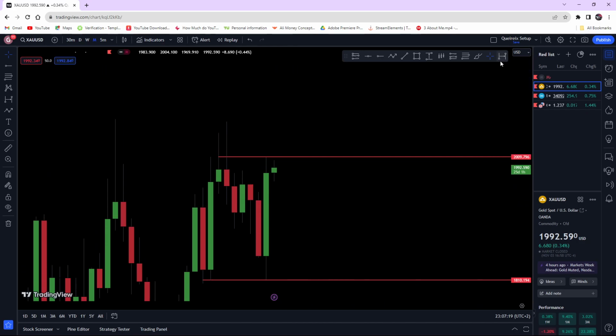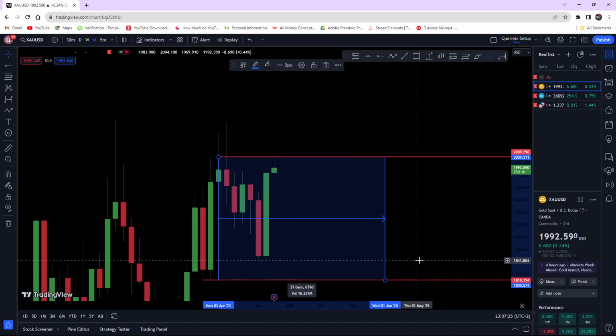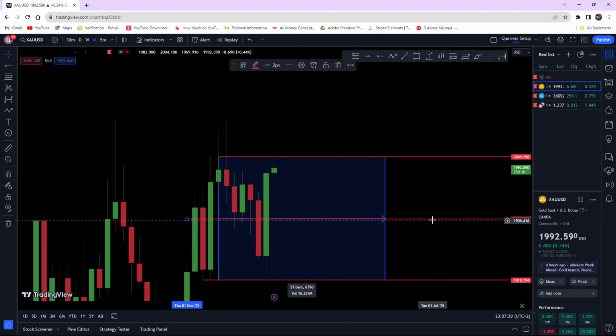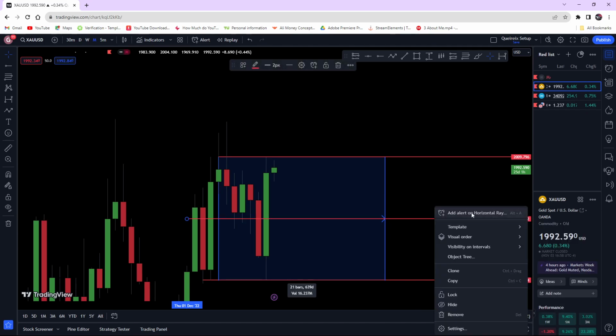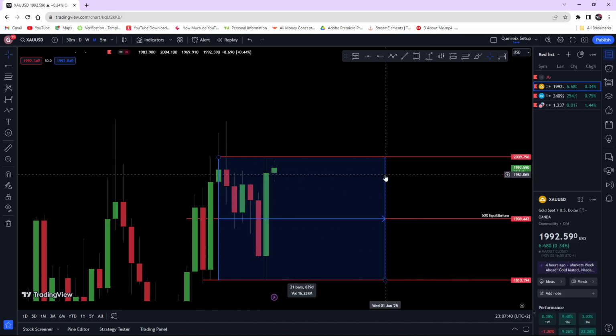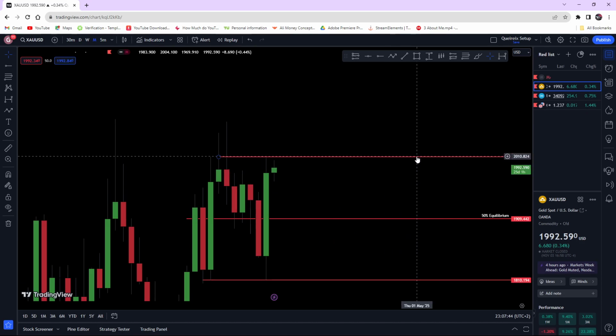This is my high and low for the previous month, and equilibrium for the previous month. Just change the colors.